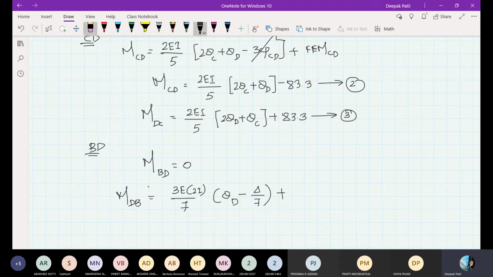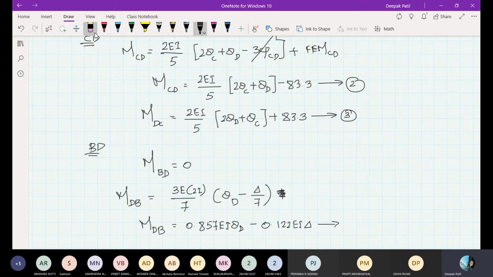That will obviously turn out to be 0, because there is no load on that span. So MDB is equal to 0.857 EI theta D minus 0.122 EI delta.